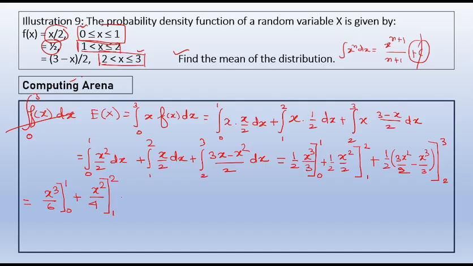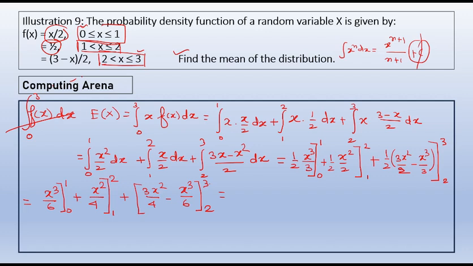And then plus, thrice x square by 4 minus x cube by 3 into 2 is 6, and that one range is 2 to 3.